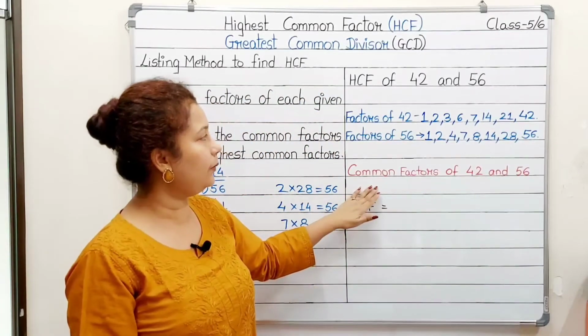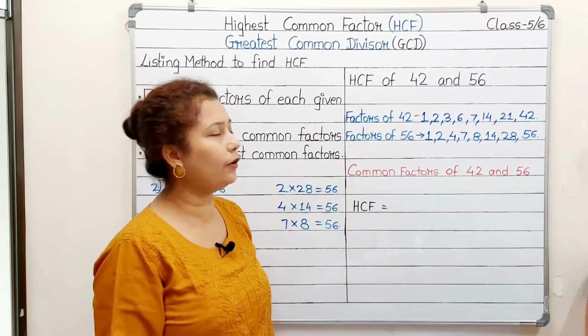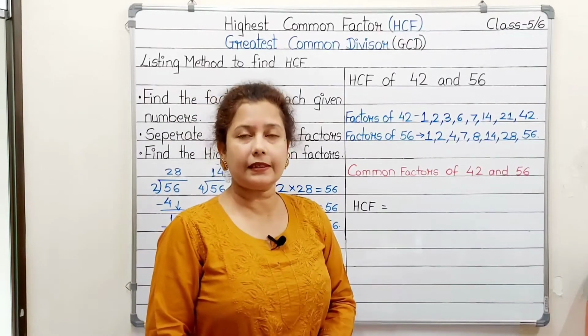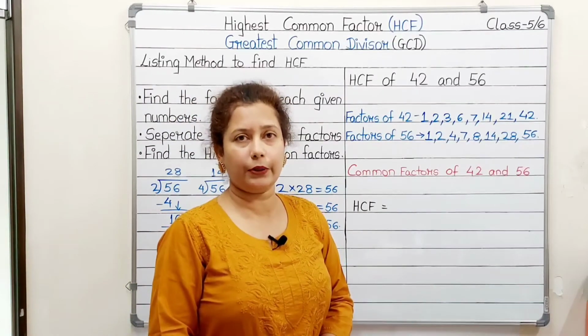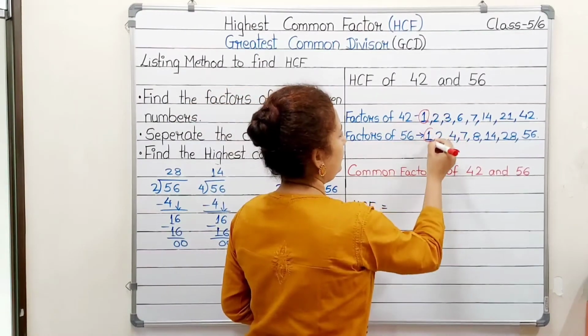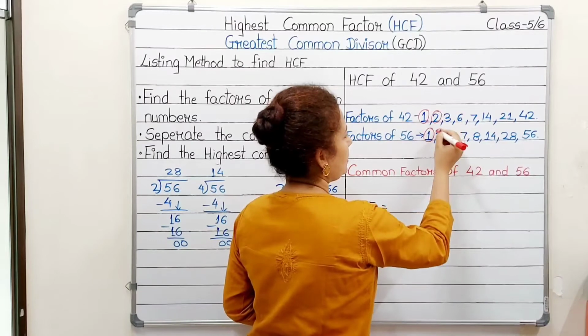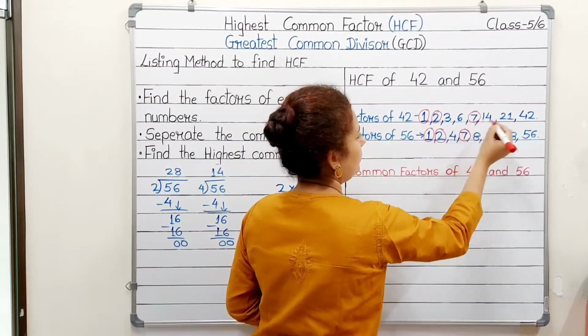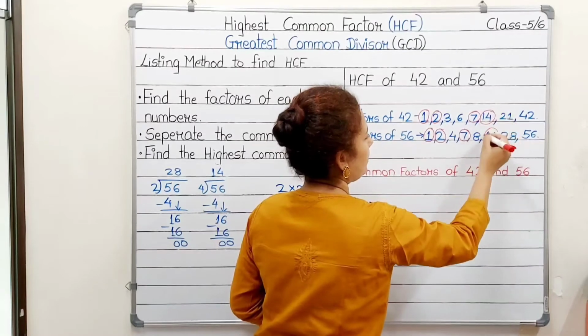Next we will see which are the common factors of 42 and 56. We will circle the common factors. So 1 is common, 2 is common, 7 is common and 14 is common.